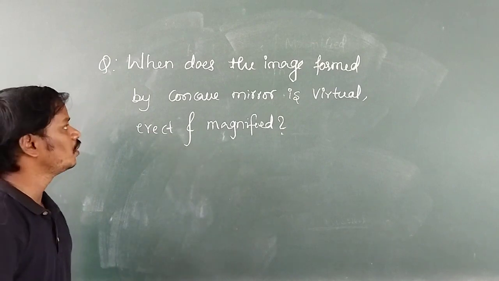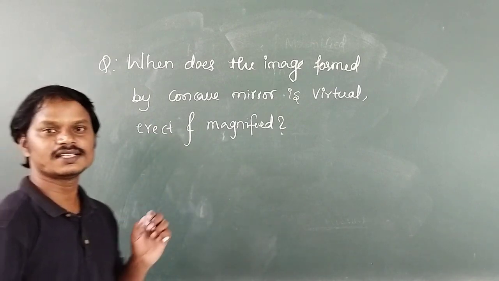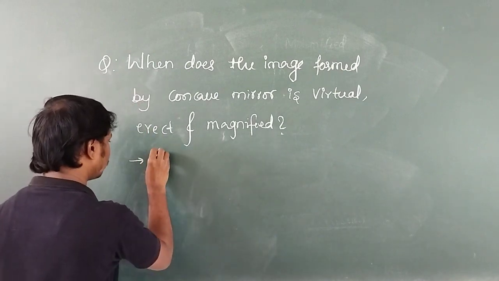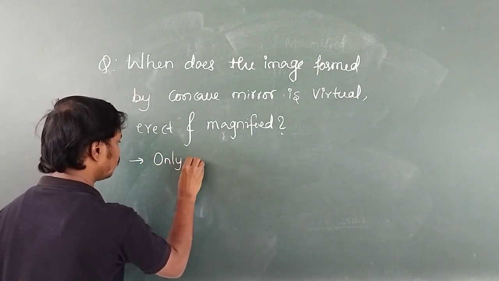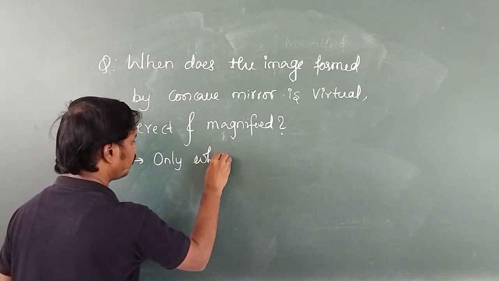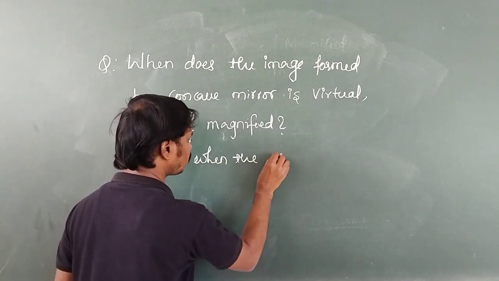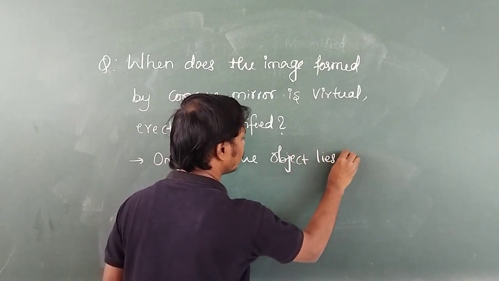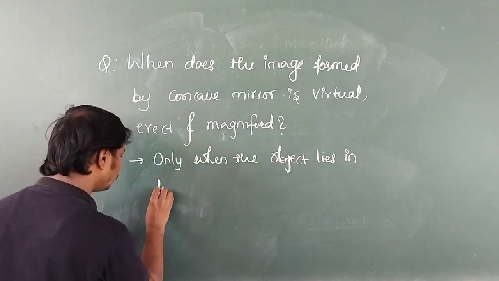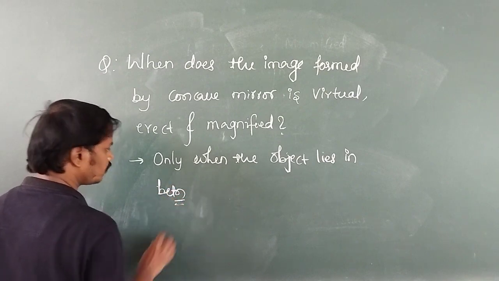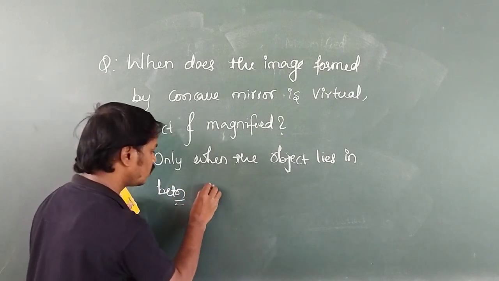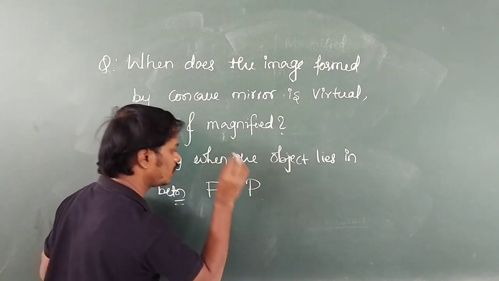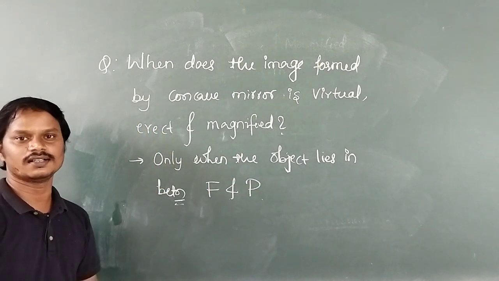What is the answer? Only when the object lies in between the focus and pole of the concave mirror. So only when the object lies in between F and P. F means here focus, P means here pole. F and P. This is the answer.